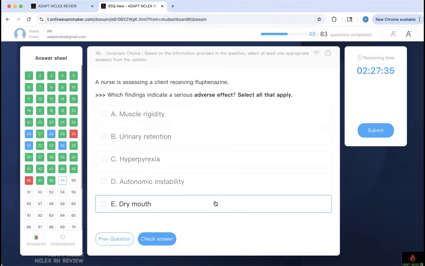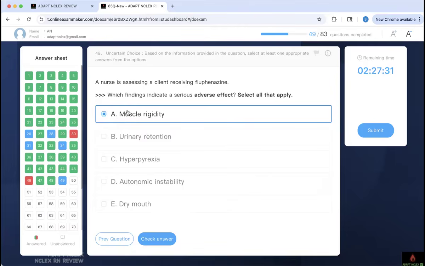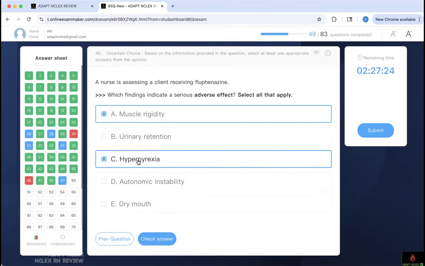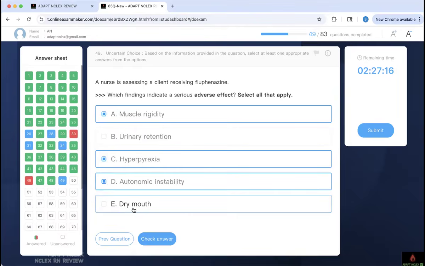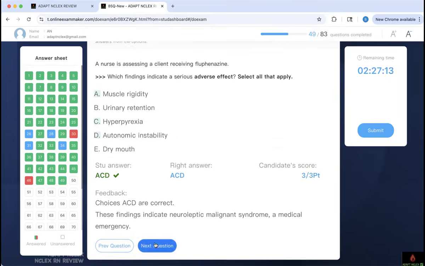Fluphenazine is what? First generation antipsychotic. If I see muscle rigidity, it's NMS. Urinary retention is anticholinergic. It's not a problem. Your temperature is high. I'm worried. Neuroleptic malignant syndrome. Autonomic instability, neuroleptic malignant syndrome. Dry mouth is an expected finding.